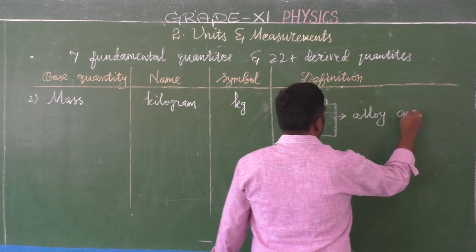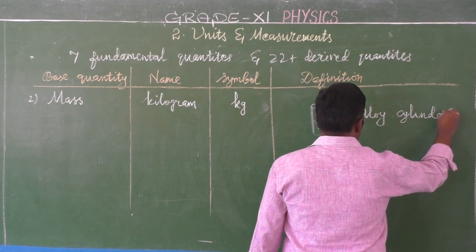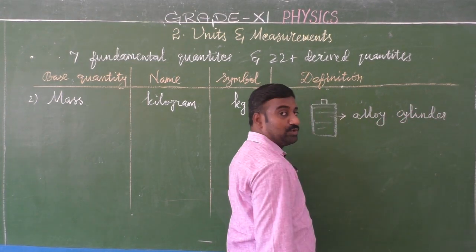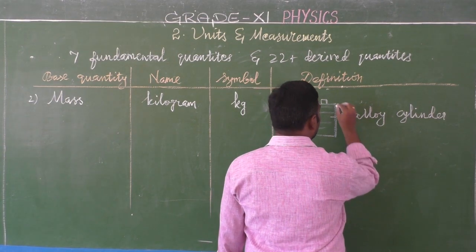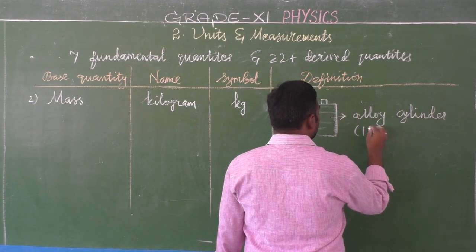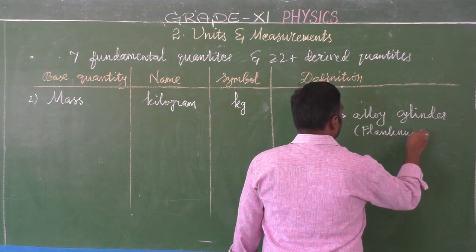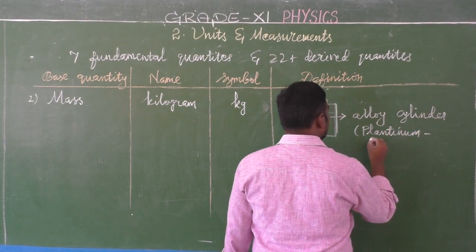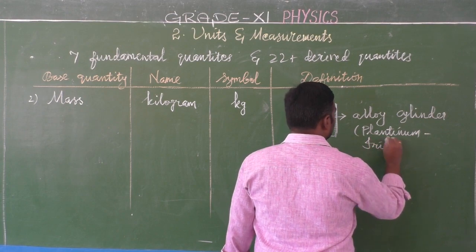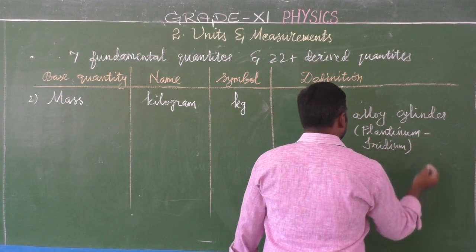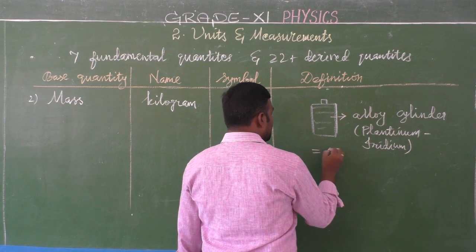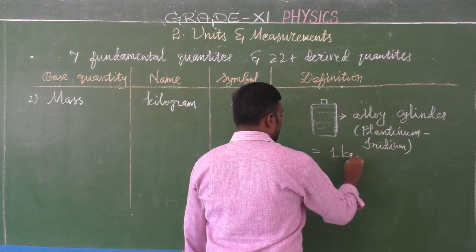This alloy cylinder is made up of two metals, because an alloy is a mixture of two or more metals. It is made up of platinum and iridium. These are two noble metals. This alloy cylinder has a mass exactly equal to 1 kilogram.